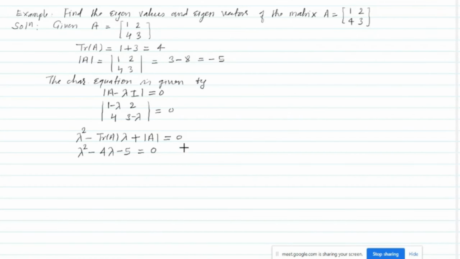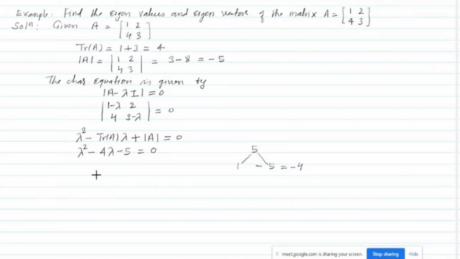And how to find the roots of this equation? You know very well how to find roots of an equation. So take the last term 5, and what are the possible divisors of 5? We can divide 5 by 1, we can divide 5 by 5. But here we want minus 4. So minus 5 plus 1, yes, minus 5 plus 1. यहाँ पे minus 5 करेंगे तो आपको क्या मिलेगा? Minus 4.